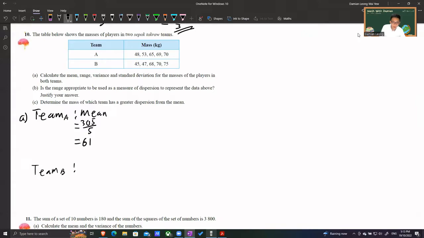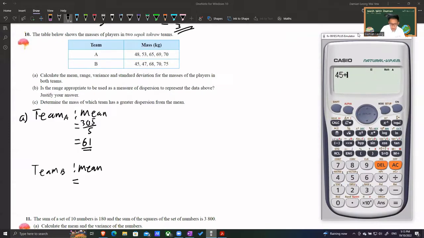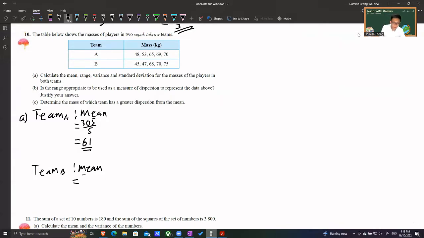So it's 61. And the mean for team B, same way of calculating. Add all together, 45 plus 47 plus 68 plus 70 plus 75, also 305. So divide by 5, also 61.